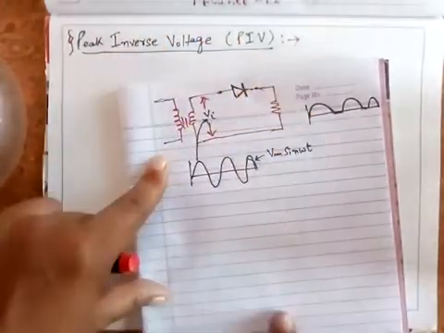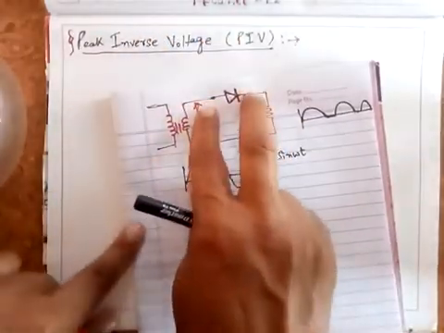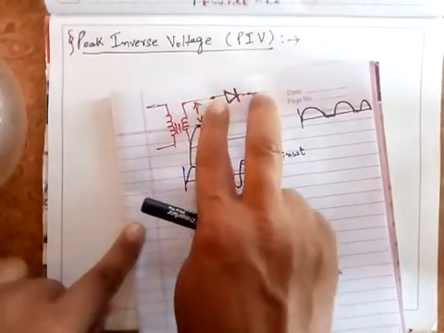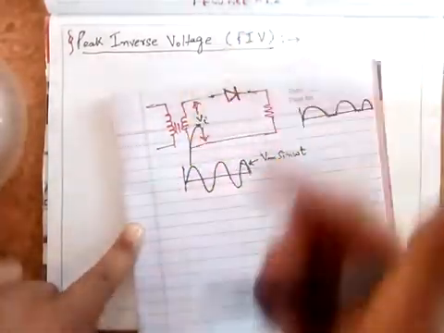So peak inverse voltage is the maximum possible voltage across the diode when it is reverse biased.